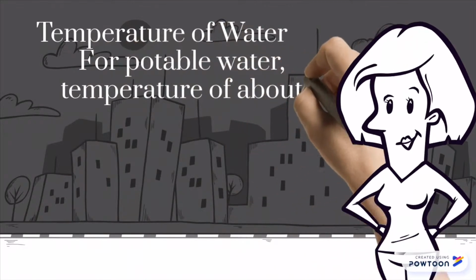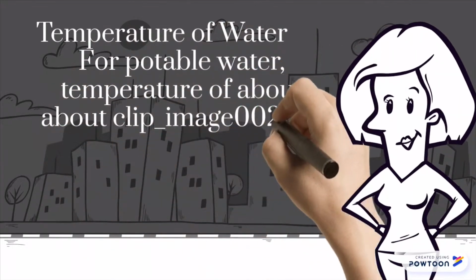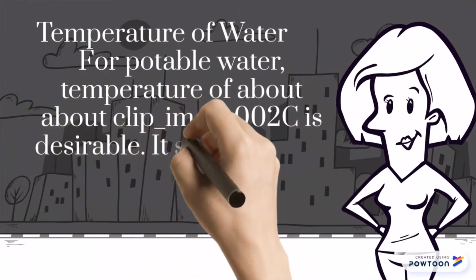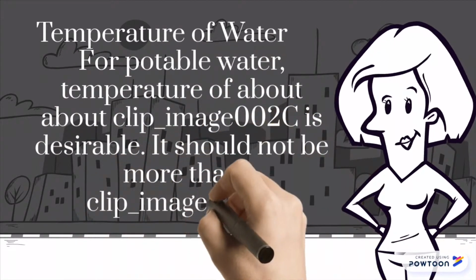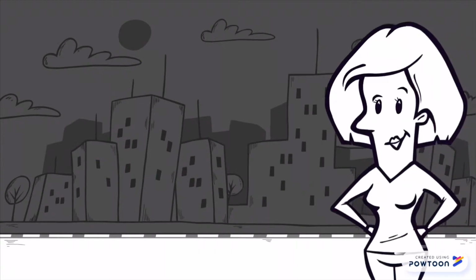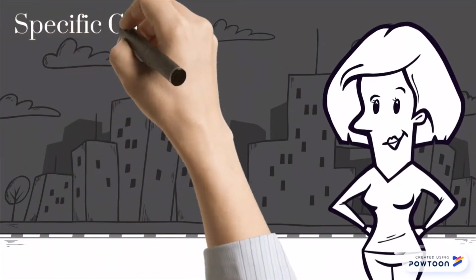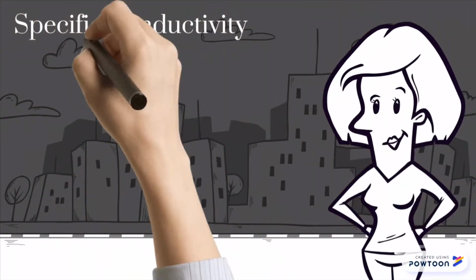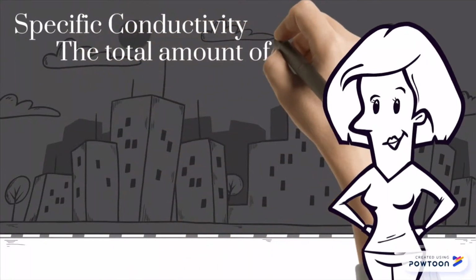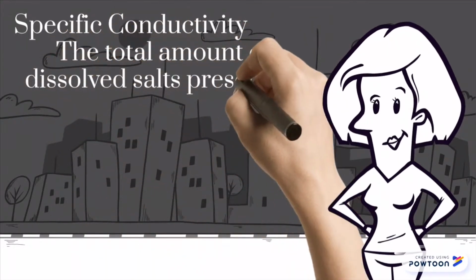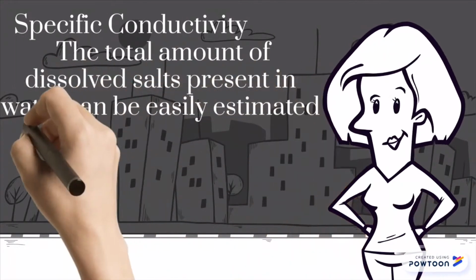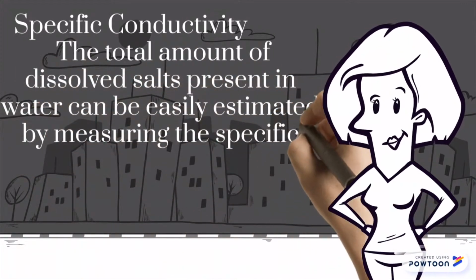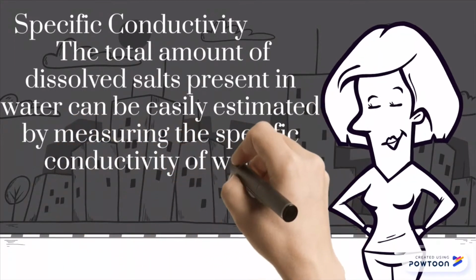For potable water, a temperature of about 2 Celsius is desirable. It should not be more than 4 Celsius. Specific conductivity. The total amount of dissolved salts present in water can be easily estimated by measuring the specific conductivity of water.